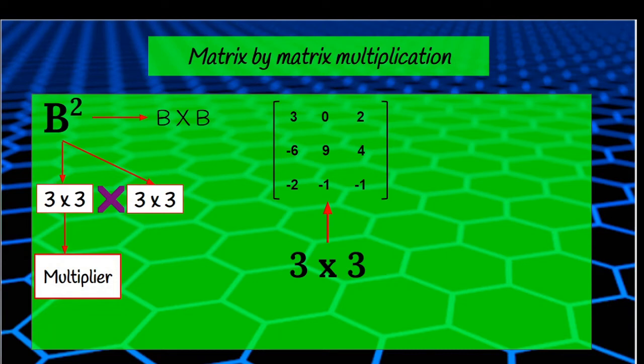That is the matrix with which we multiply, where the number before the multiplication sign represents the number of rows, while the number after the multiplication sign represents the number of columns. The second matrix is called the multiplicand. That is the matrix to be multiplied. And similarly, the number before the multiplication sign represents the number of rows, while the number after the multiplication sign represents the number of columns.